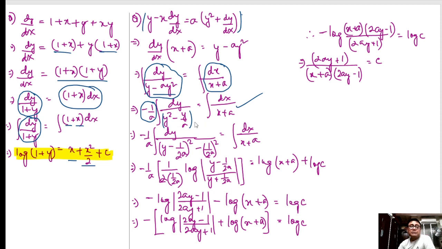Now please watch here how to write this particular format. This is the way you have to write. Okay, you have to maintain this way.